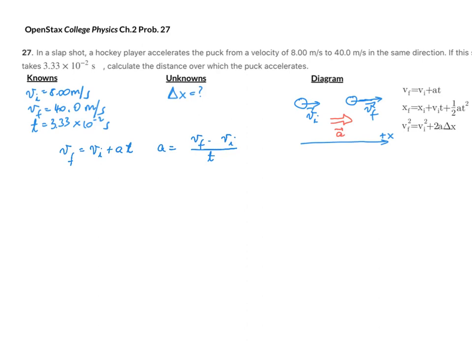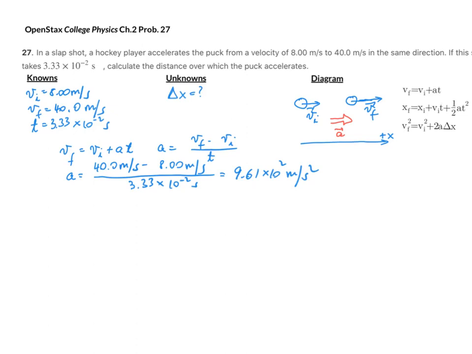When I plug in the numbers, the acceleration is 40.0 meters per second minus 8.00 meters per second, divided by 3.33 times 10 to the negative 2 seconds. I get 9.61 times 10 to the second meters per second squared. So now I have the acceleration.